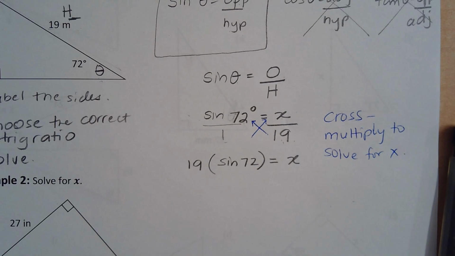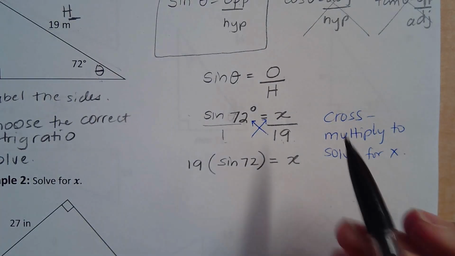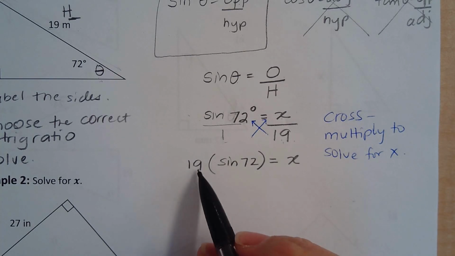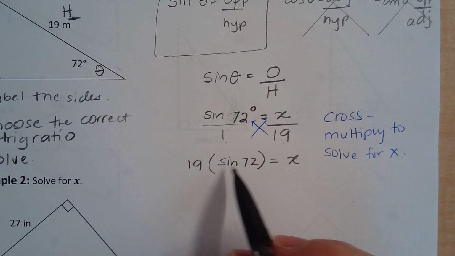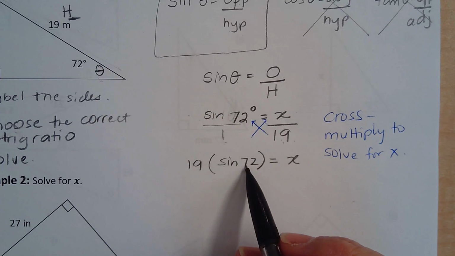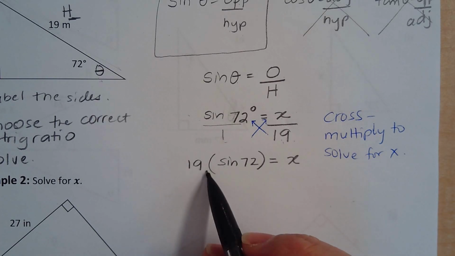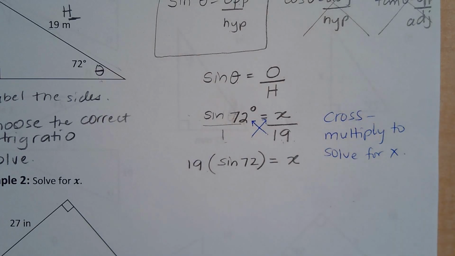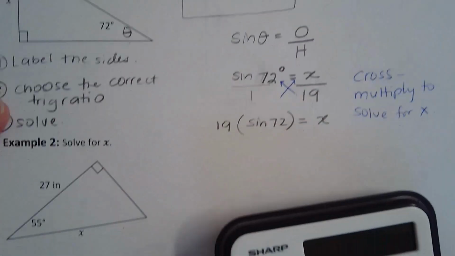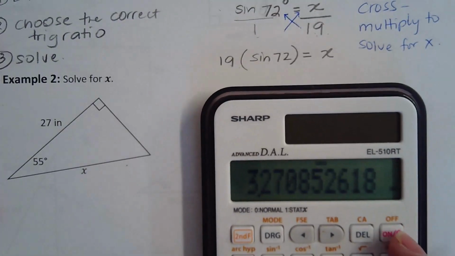Now that it's set up like that, we could figure out what this is equal to. What's 19 times the sine of 72? Why don't you give that one a try, and we'll compare our answers.